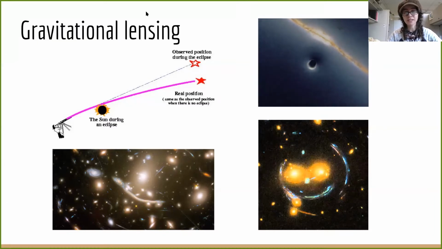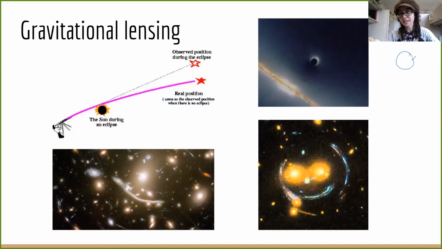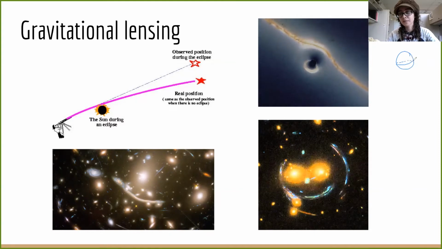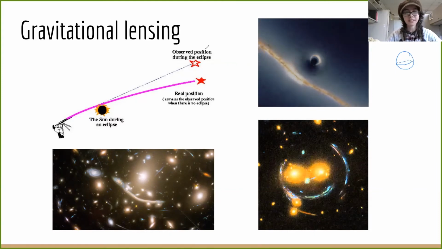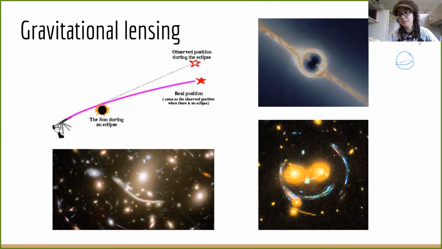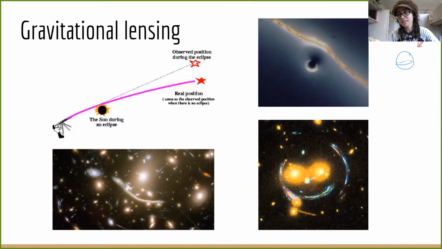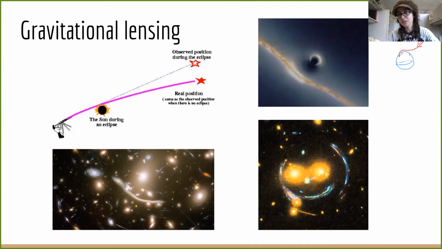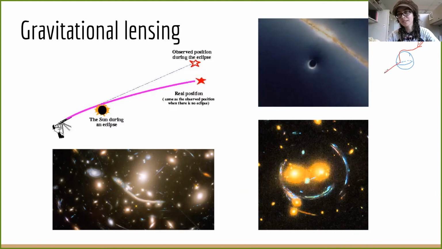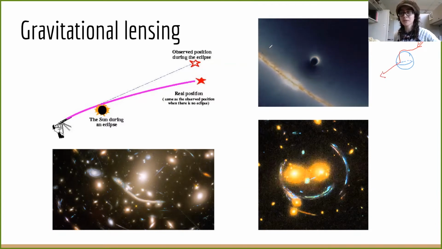So I can draw this out to make it a little more clear. Let's say this is your black hole. And this is a light ray from your galaxy that's behind it. What will happen is it'll curve around the black hole. So you'll actually be able to see what's behind it.